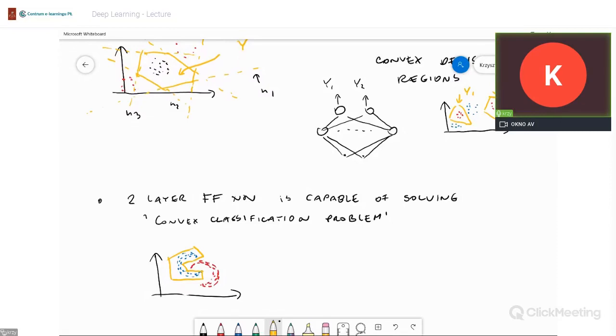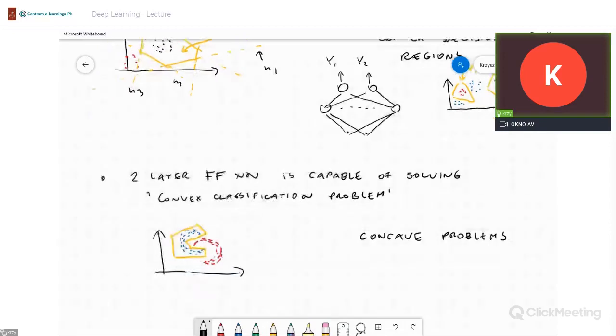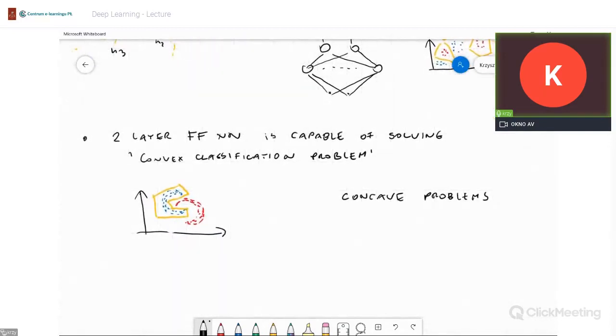And unfortunately, this region is non-convex, it is concave. So something that is more complex than convex is concave. How to solve concave problems? Again, in a qualitative way, this analysis gives us a very simple solution.